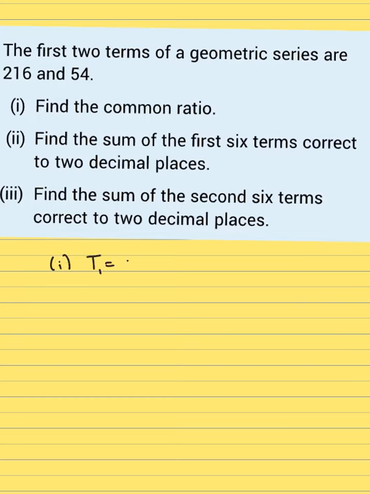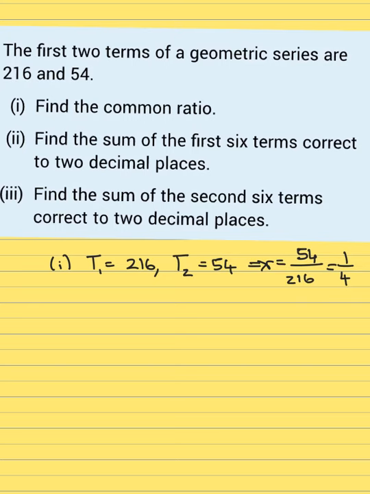That means that T1, the first term, is 216, second term T2 is 54, and to find the common ratio we divide the second term by the first term. So we have that the common ratio is 54 divided by 216, which is a quarter.